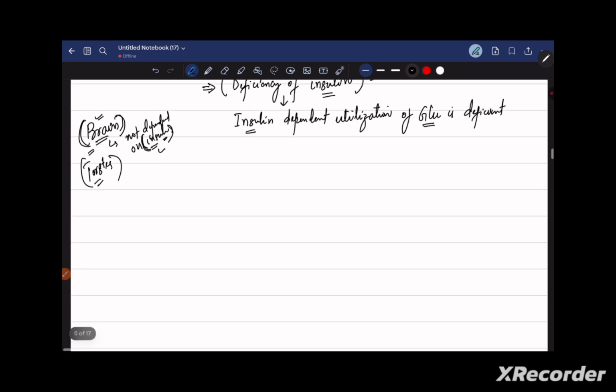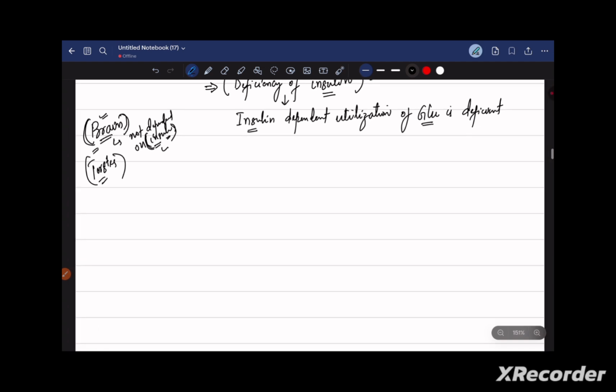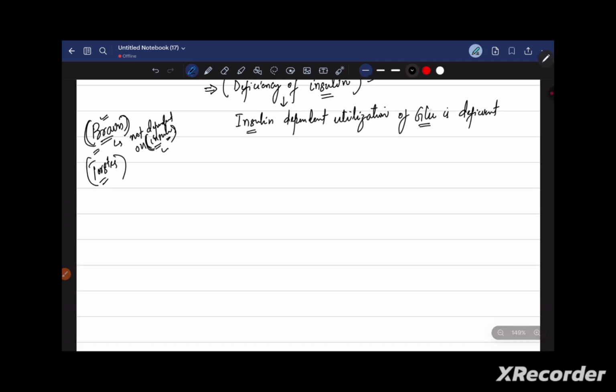But there are two main peripheral tissues in the human, canine and feline body that utilize glucose only and only in the presence of insulin. What are these tissues?